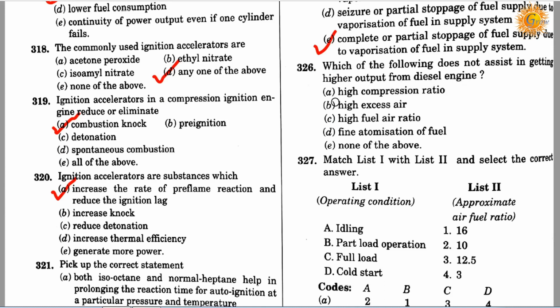Option A, high compression ratio; option B, high excess air; option C, high fuel air ratio; option D, fine atomization of fuel; option E, none of the above. So the correct answer is B, high excess air.